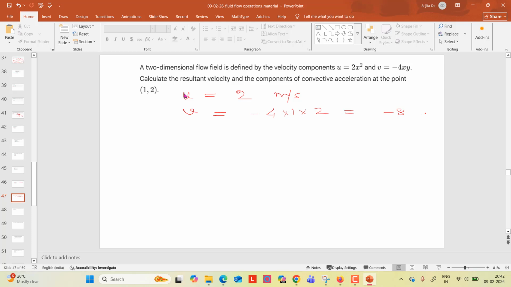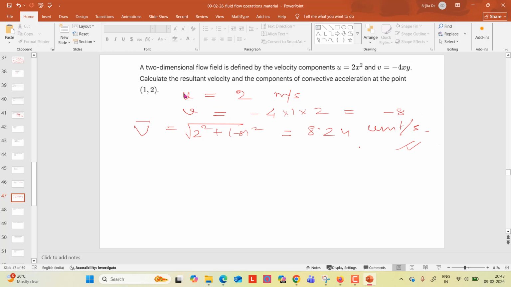These are the velocity components. The resultant velocity will be the square root of 2 square plus minus 8 square, which equals 8.24 units per second.